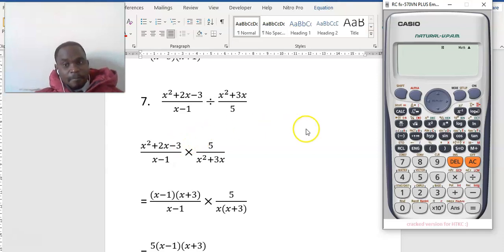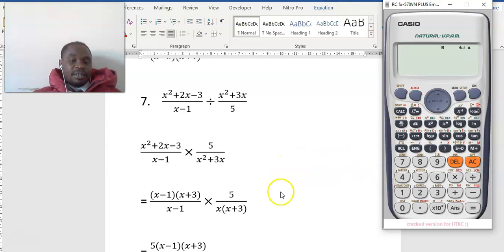Alright, 2 factors. So I can choose 1 and 3. If I multiply 1 and 3, I'm going to get 3, but this is minus. Are we together? So I can still choose -1 and 3. So -1 times 3 will give me -3. -1 plus 3 will give me 2. So these are the factors.